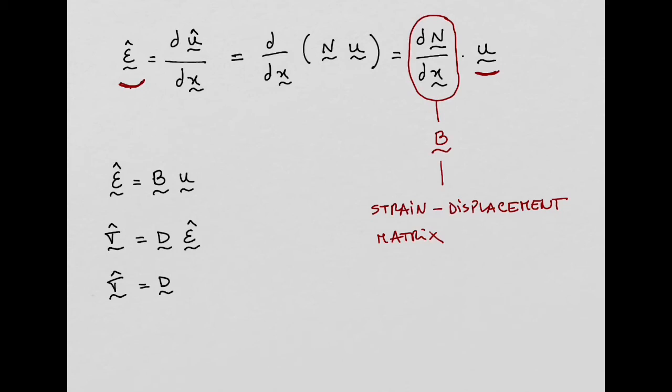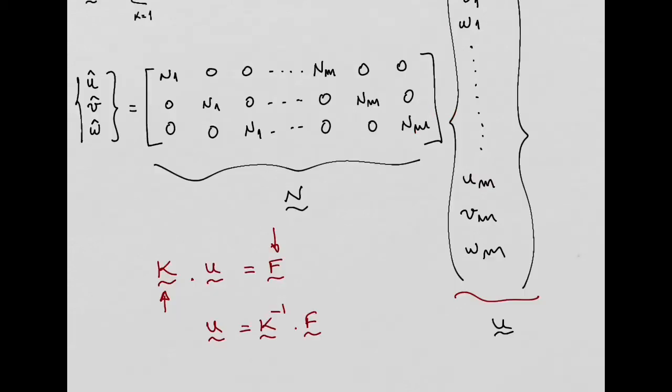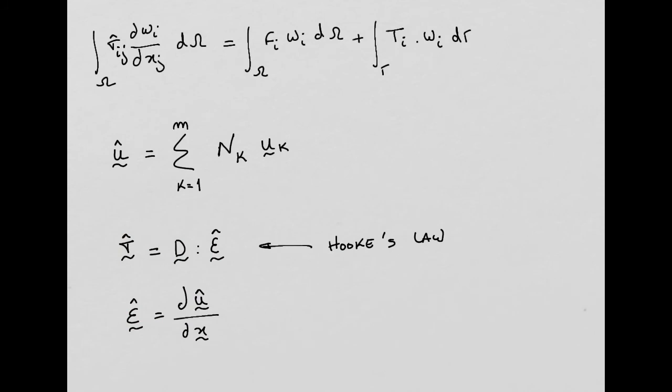And now the strain field is going to be replaced by the strain displacement matrix times the vector with the unknowns or the vector with the degrees of freedom. And now this is quite important because this is what I need to replace here in this integral.